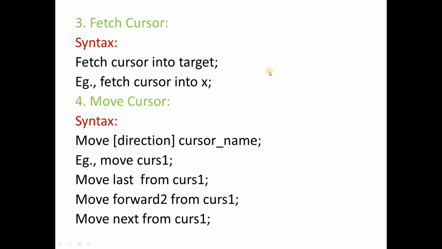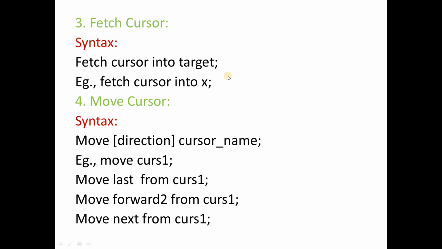That's why this is the syntax for fetch cursor into target. So for example, look here, fetch cursor, this cursor is our cursor name, we fetch a particular value from your cursor into the x variable.